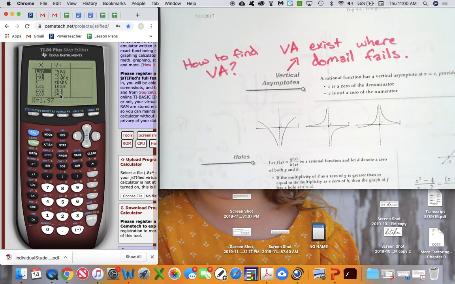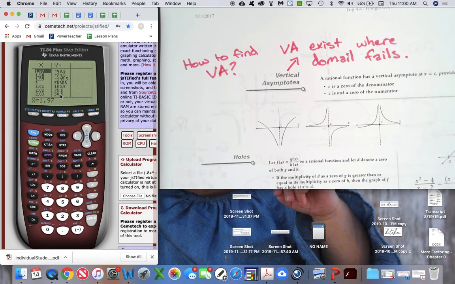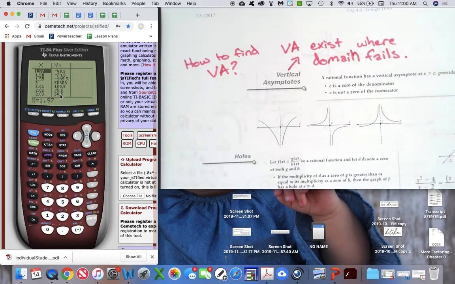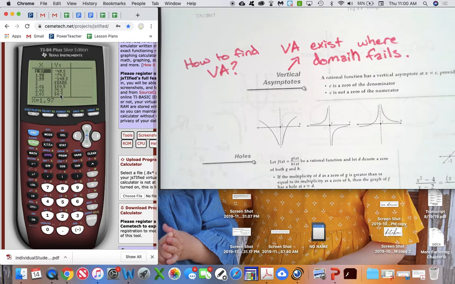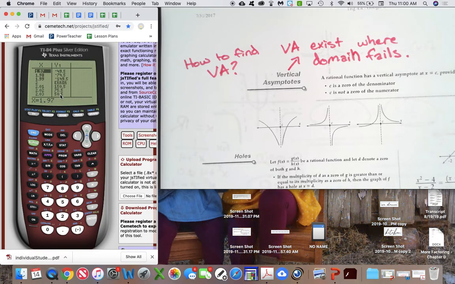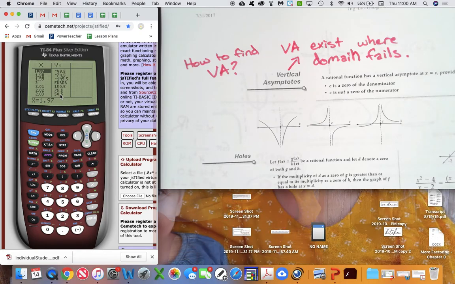Vertical asymptotes exist where the domain fails. I don't know why I spelled domain wrong. Domain fails. How do you find the VA then? How do we find the domain? No, not necessarily. How do you find where the domain fails? What equals 0?